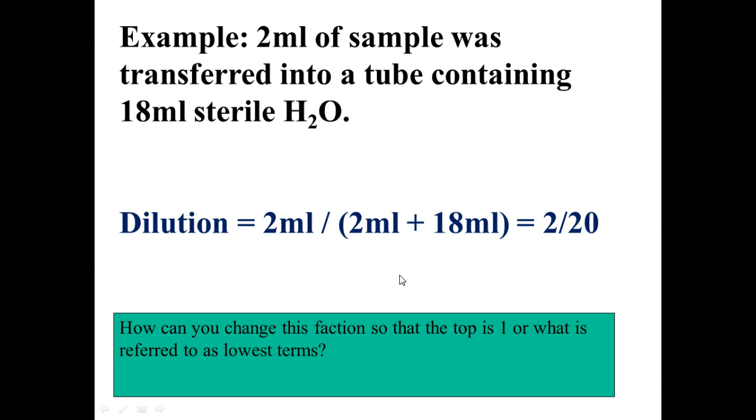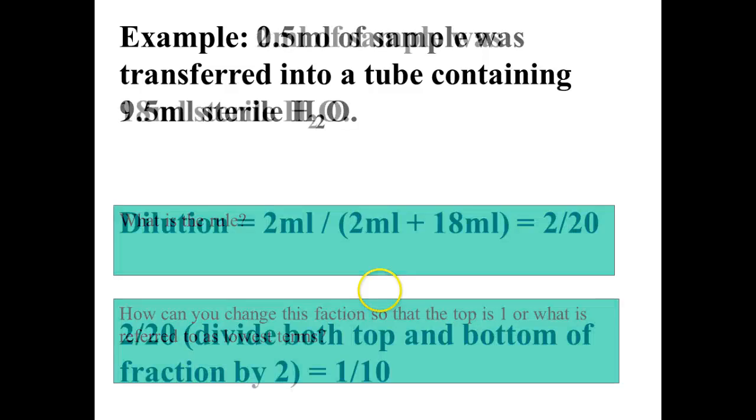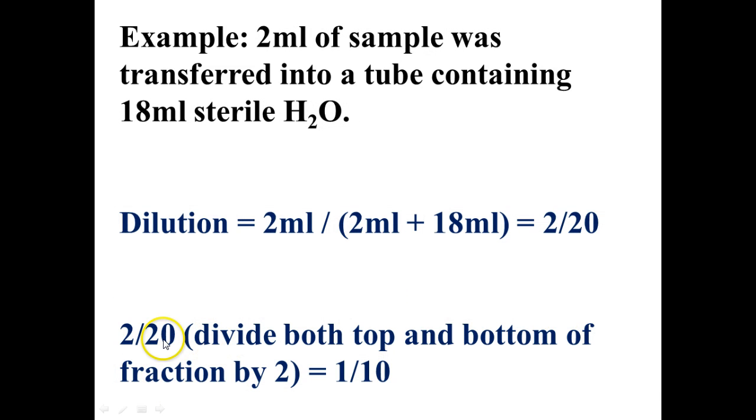Now the only problem with this is it's not in lowest terms. So then we would have to put it into lowest terms. I promise you guys we won't do that on any of our quizzes, or tests. So if you don't remember how to do that, remember evil Siamese twins. We want to make the top 1.